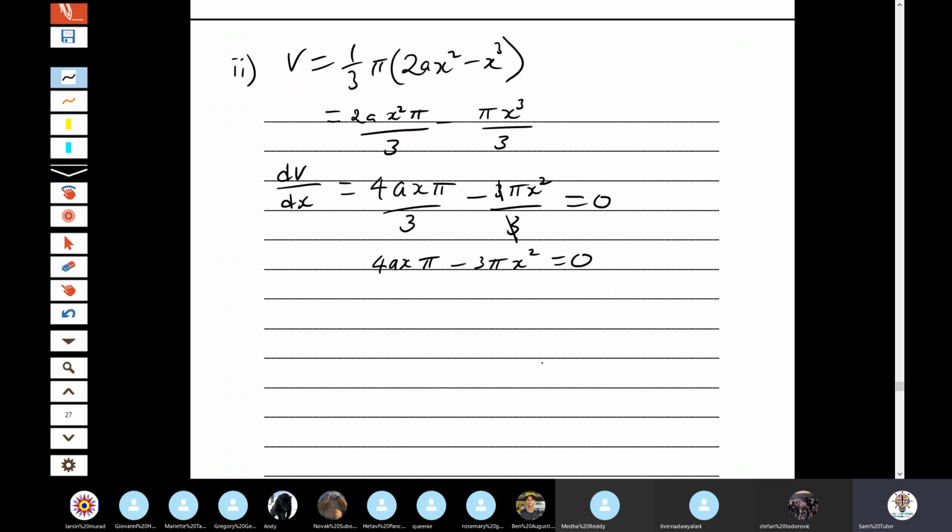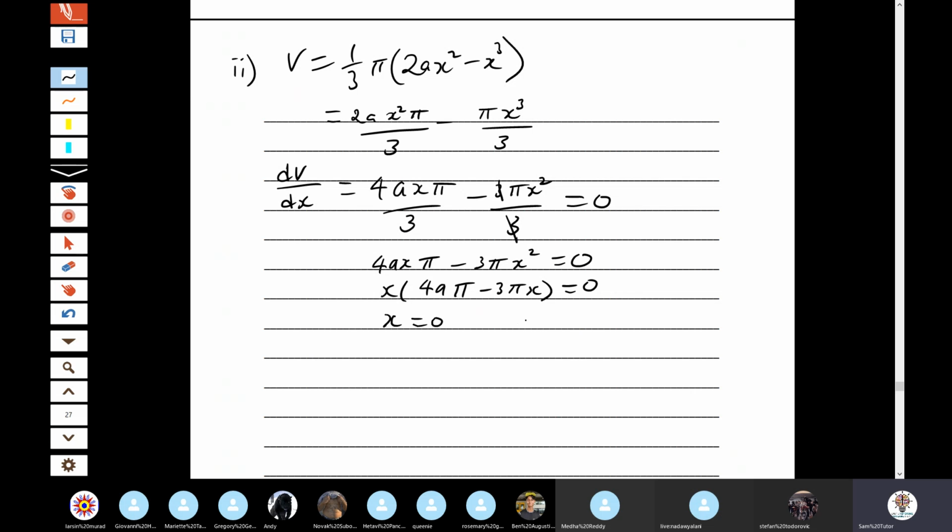There it is. What do you do at this stage? Factorize. Take x out. 4a pi minus 3 pi x equals 0.